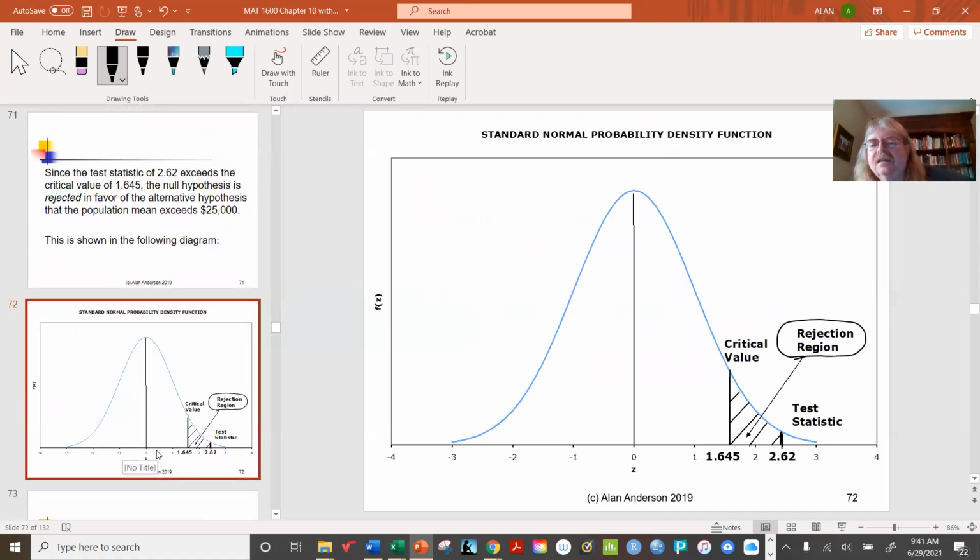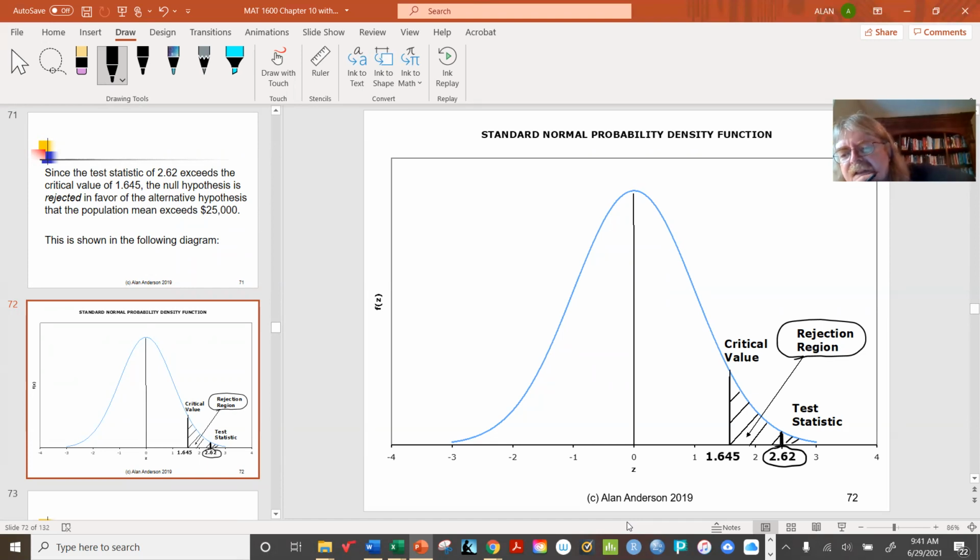Well, we've already seen that that's indeed what happened. Critical value here, the shaded region is the rejection region. The test statistic is this 2.62. And that means that the sample mean is so far above the hypothesized mean that we must reject the null.